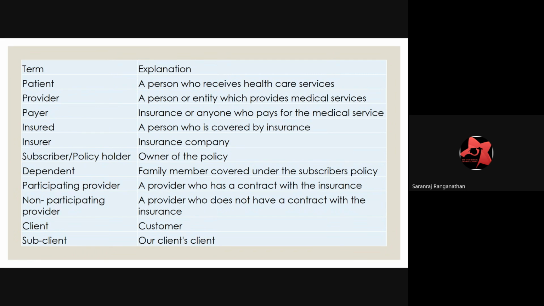Okay. Then client. Client means customer. Subclient means our client's client. For example, one particular company is contracting with one particular insurance company, that is a direct client. So that company's working employees are subclients, like that.